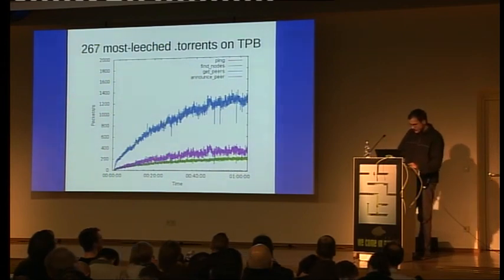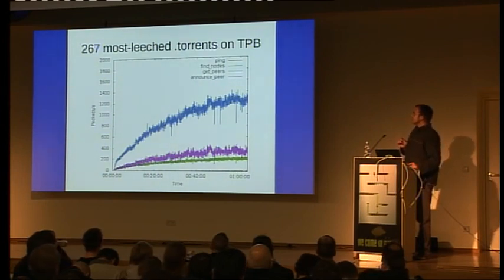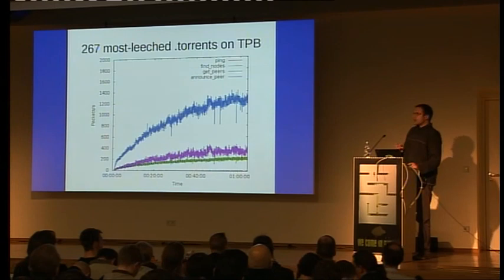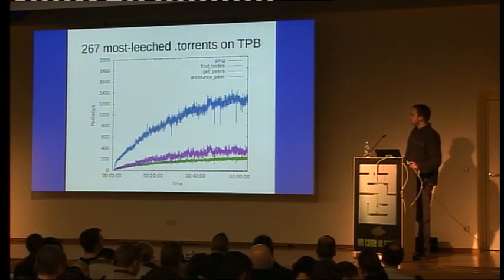Get peers requests are 95 bytes. Responses are 65 plus 6 bytes per address we pass. So it's fairly low weight.